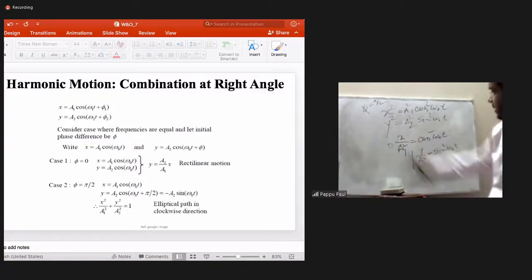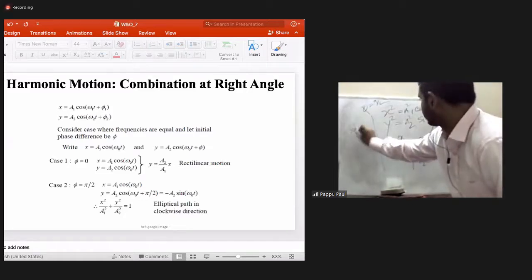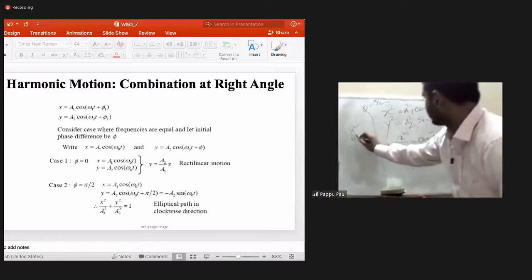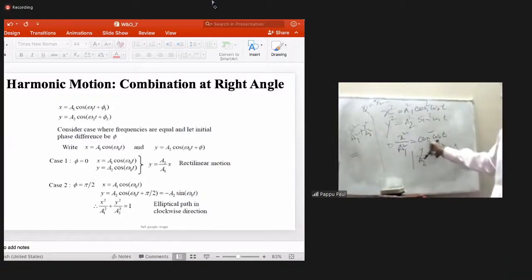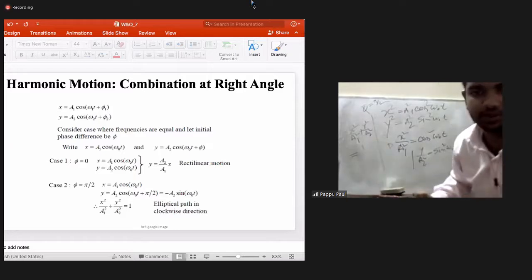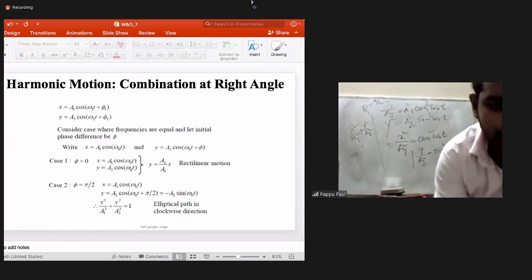If we add these two equations, we can write x square by a1 square plus y square by a2 square, and our right side will be cos square theta plus sine square theta. And cos square theta plus sine square theta is equal to what? 1, sir.